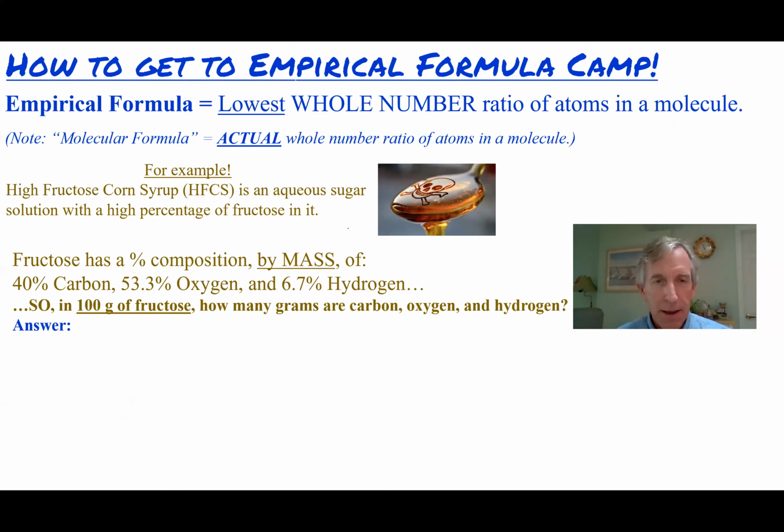Very important, by mass. And I gave you 100 grams of this fructose. Could you tell me, out of that 100 grams, how many grams are carbon, how many grams are hydrogen, and how many grams are oxygen? Take a second. Pause.